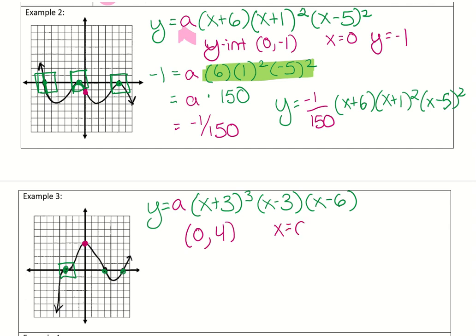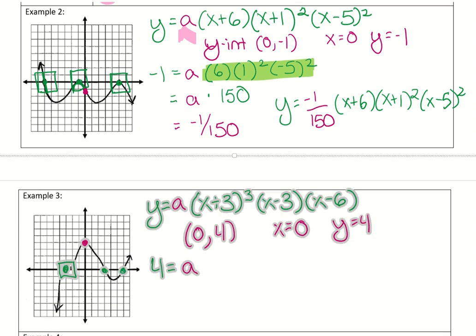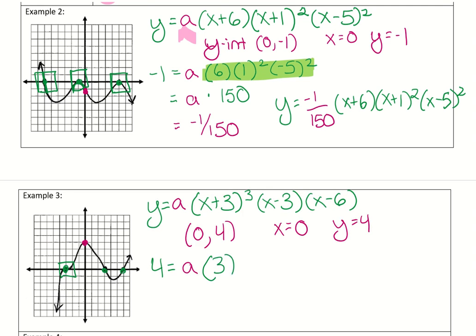So everywhere we see x, we're going to put 0, and everywhere we see y, we're going to put a 4. So 4 equals a times 3 cubed times negative 3 times negative 6. So we get that 4 is equal to a times all of that put in our calculator.